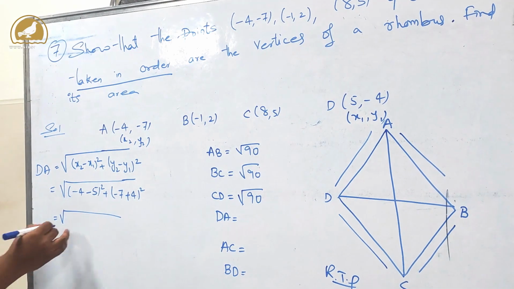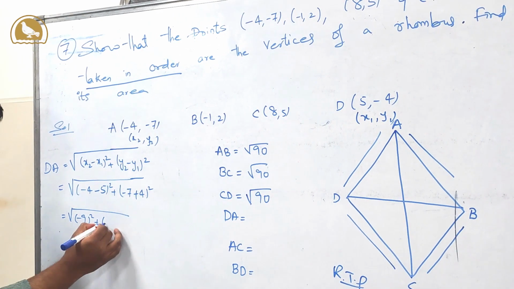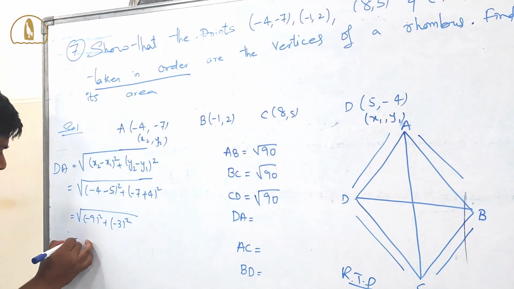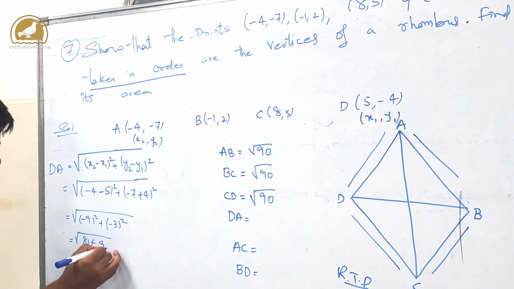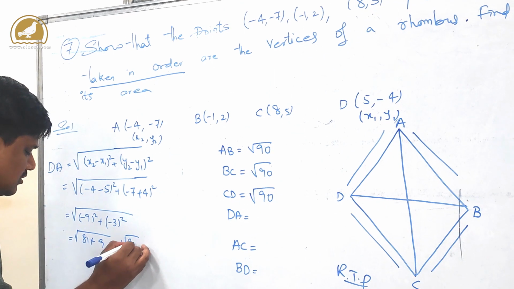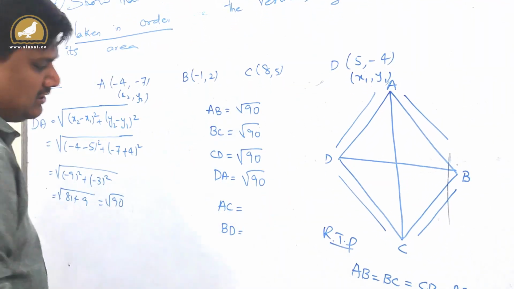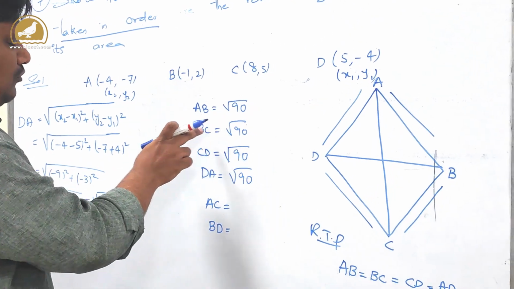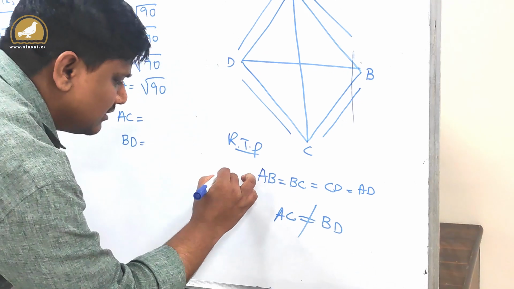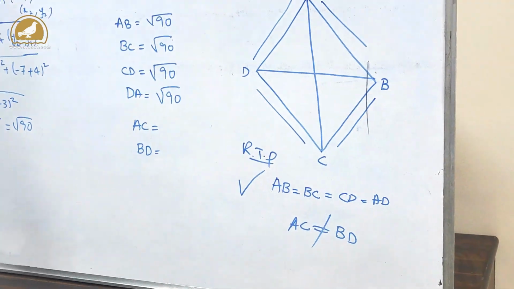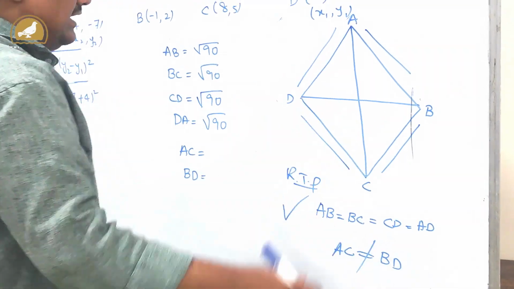So -4 minus 5 is -9 square, and -7 plus 4 is -3 square. This becomes 81 and this becomes 9. This is root 90. We got the same value for AB, BC, CD and DA. So this is proved: AB is equal to BC is equal to CD is equal to DA.